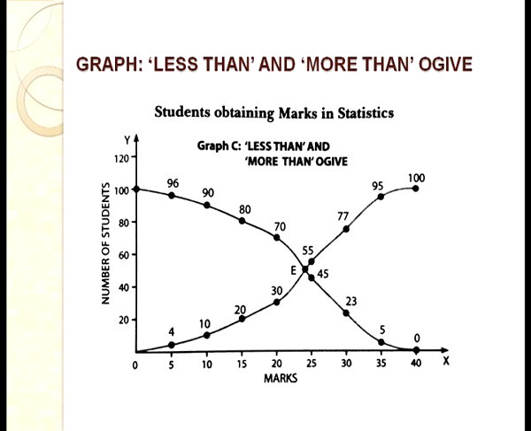Once we have got the points, we join them again with a smooth hand and we get a smooth curve. So, we have drawn the more than cumulative frequency curve.